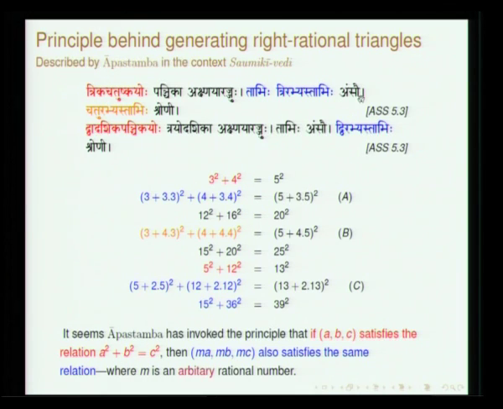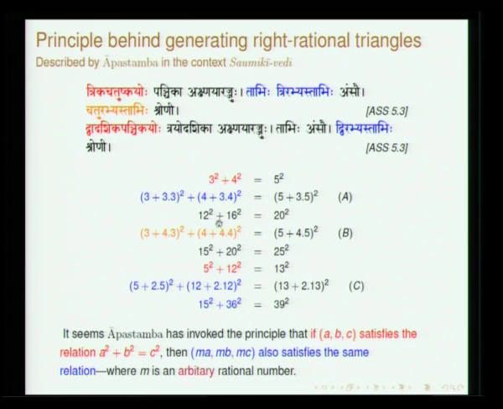Then it says Tabhihi Trirabhyastabhihi Amsau Chaturabhyastabhihi Shroni. See, in fact, this can be written like this. Abhyasta is a sort of multiplication. Okay. So, you take 3 and then do this process, then you will get 12, 16 and 20. If you take 4 and then do this process, then you will get 15, 20 and 25.